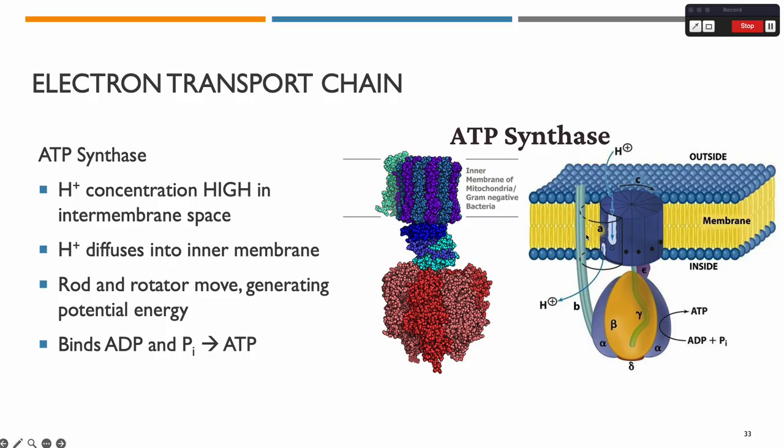They diffuse through this ATP synthase, and it basically causes this to rotate. This rotation occurs because of that electrical charge and potential energy, and it forces an inorganic phosphate to bind to an ADP, and we create ATP. And that's really how we're getting that energy created.